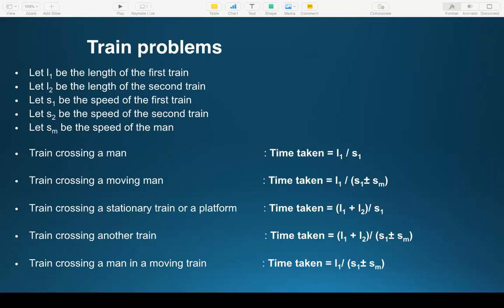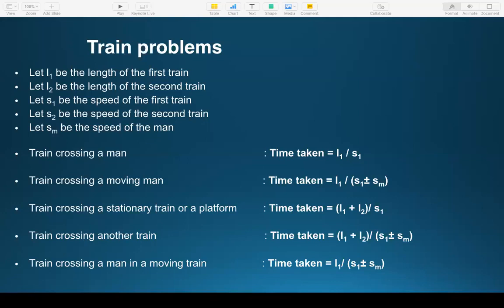Okay. But now in this scenario, if you were also moving, let's say you were moving in the direction of the train or in the direction opposite to the train. In this case, the concept of relative speed will come into play. And now to find out the time taken by the train to cross you, time is equal to distance upon speed, right?